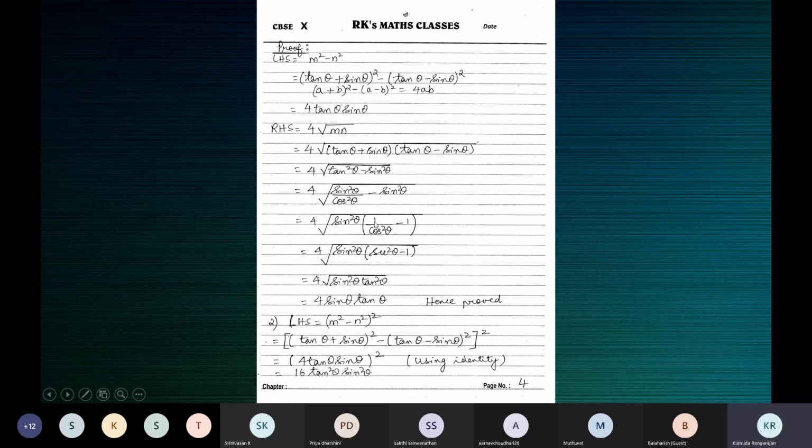See, when you're writing 1 by cos square theta as secant square theta, you've actually planned the steps till the end. So here when you stop here, you're working this in your mind. 1 by cos square theta, if you write it as secant square theta, then the next step will be secant square theta minus 1. Secant square theta minus 1 is tan square theta. So we get sin square theta, tan square theta, and you get sin theta, tan theta.